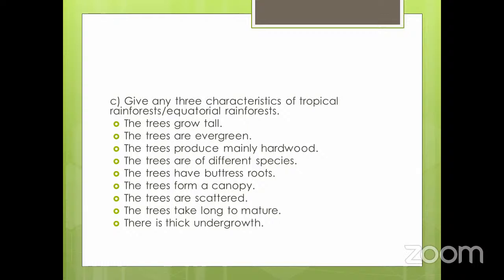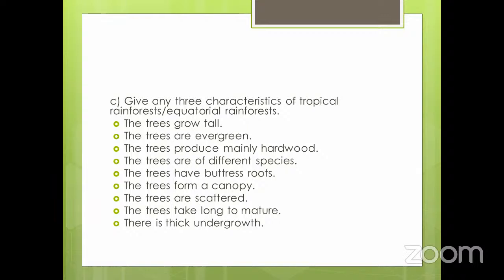Then the word species simply means different types. So it is not like planted forests, where you can decide to plant a particular type of tree. No. Then the other one, the trees have buttress roots. And what are buttress roots?